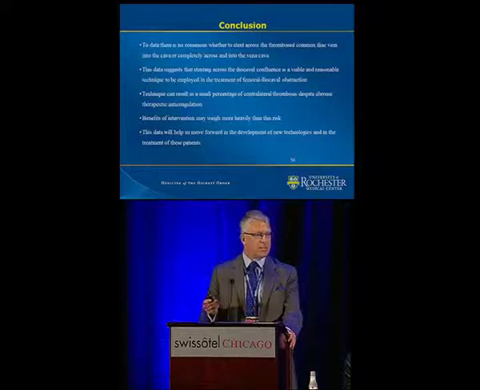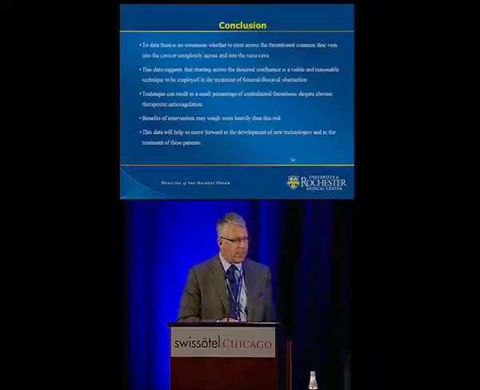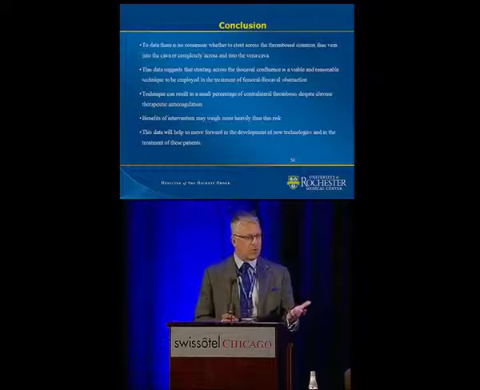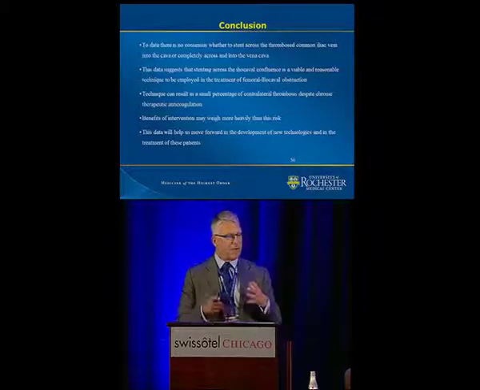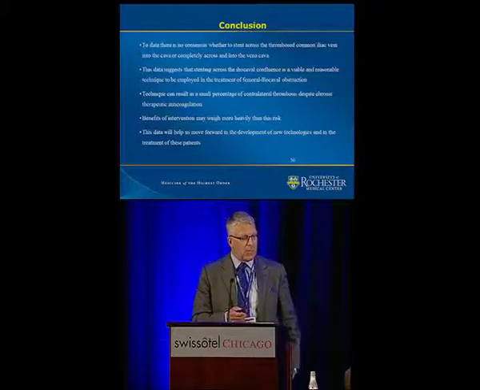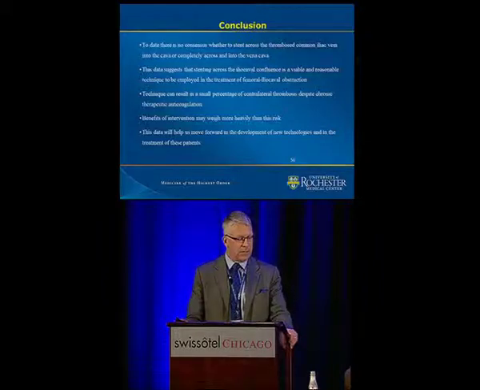So to date, there's no consensus whether to stent across the thrombosed common iliac vein into the cava or completely across into the vena cava. This data suggests that crossing the iliocaval confluence is a viable and reasonable technique to be employed in the treatment of iliofemoral DVT, with a very small percentage, but real, incidence of contralateral thrombosis, even in anticoagulated patients.